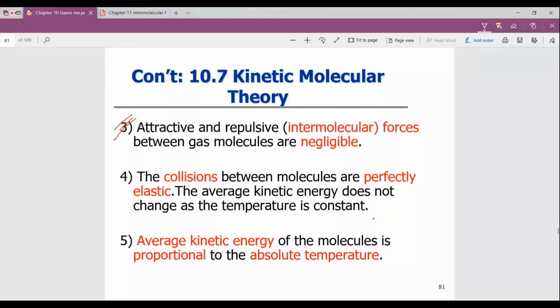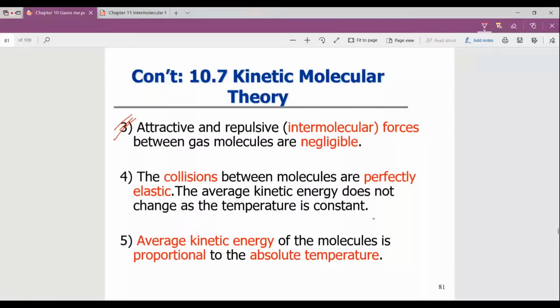And the next assumption: the collisions between the molecules and with the wall of the container are perfectly elastic. That means the average kinetic energy does not change.